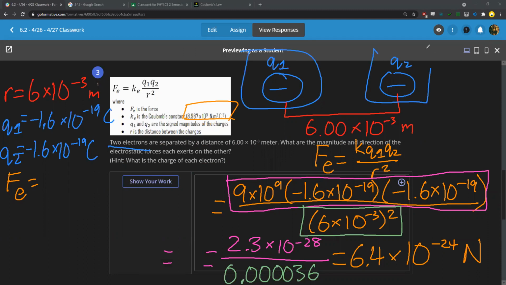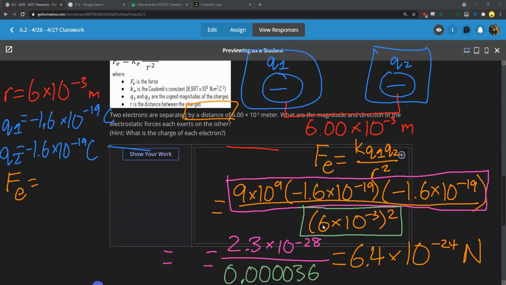So these are the 2 electrons, these are the 2 charges, and they're separated by a distance, that's your radius, that's R. And they want to know, what is the electrostatic force that these 2 electrons experience? Because these 2 electrons hate each other. They don't want to be anywhere near each other, and they're applying an electrostatic force to push each other away. So what is the magnitude of that force? How much do they want to push each other away?